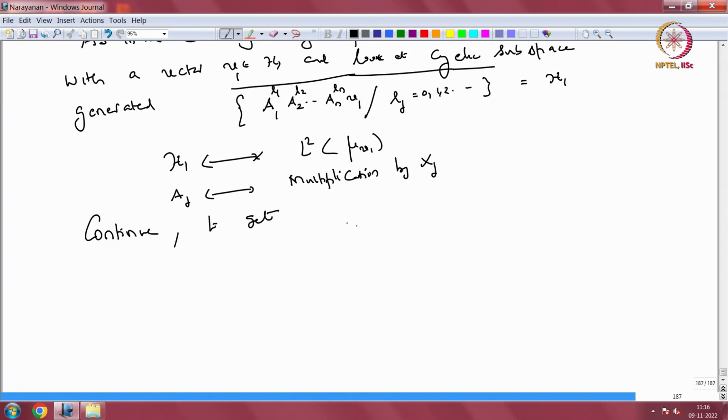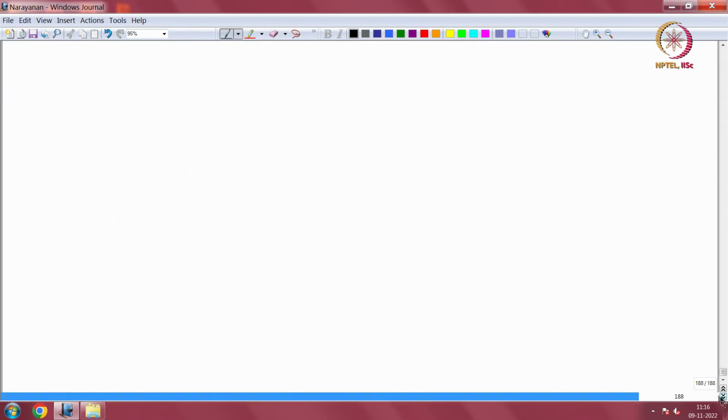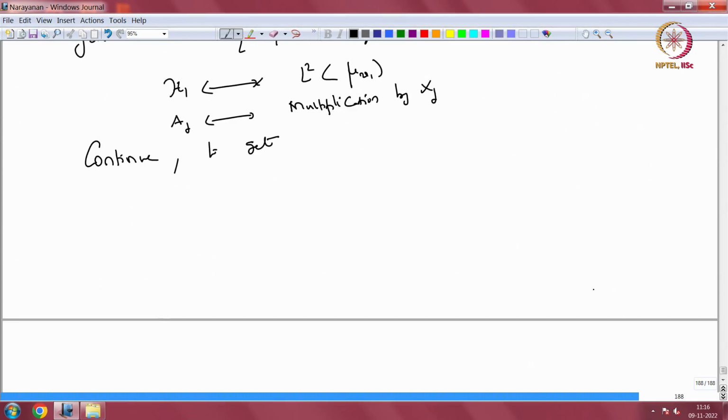Okay. So, what do we get? We continue to get measures mu j supported in the product space, the product space j equal to 1 to n.